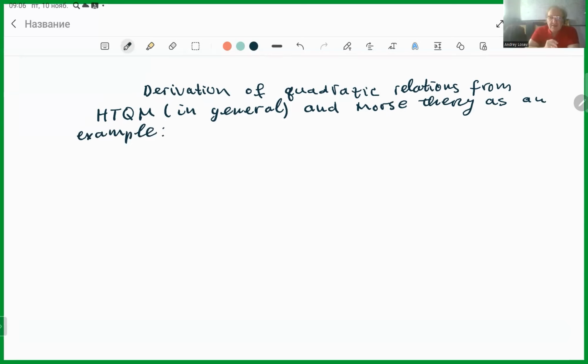So the goal is not to explain Morse theory. The goal is to show the power of higher topological quantum mechanics.